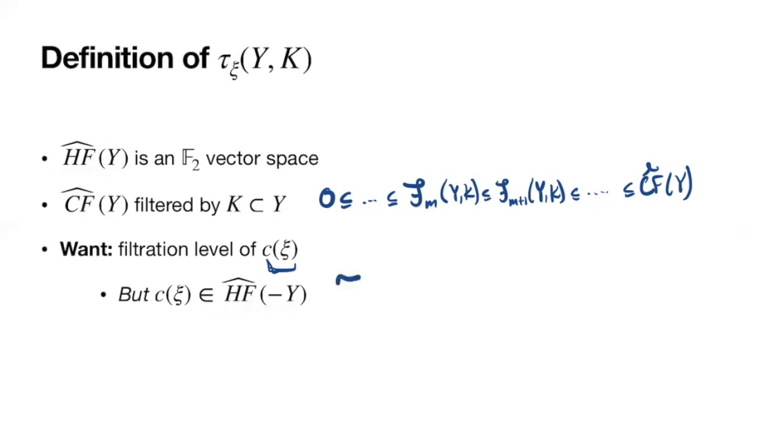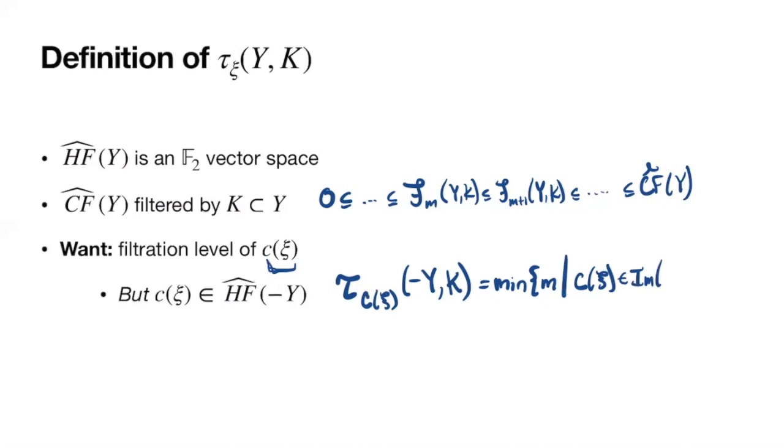I could say, let's write tau of the contact invariant, for K in minus Y now. This is equal to the minimum m such that c(xi) is in the image of the map on homology induced by including the mth filtration of K in minus Y into HF hat of minus Y.